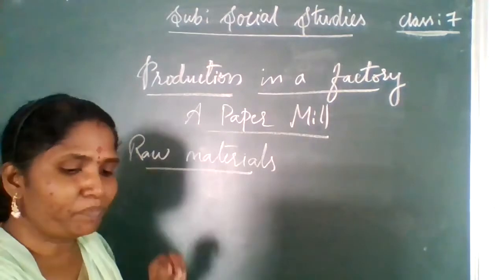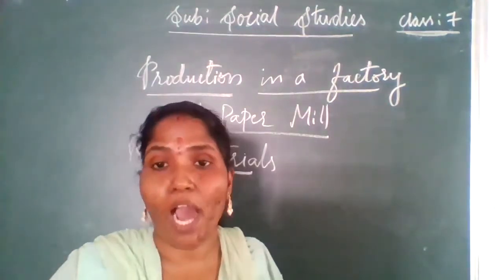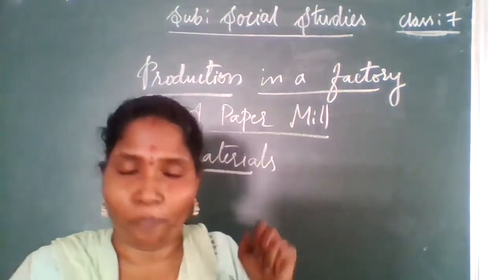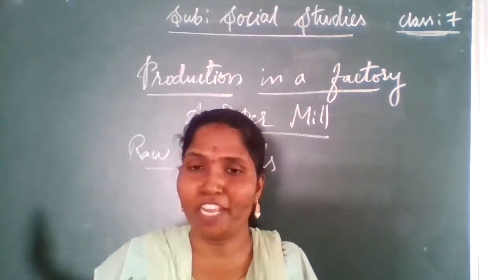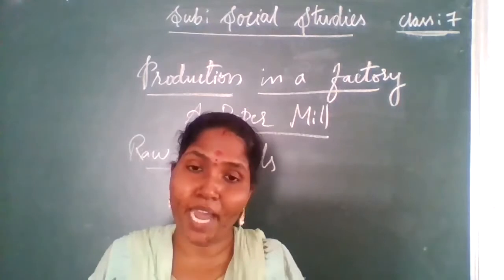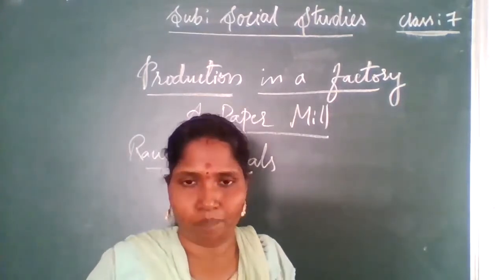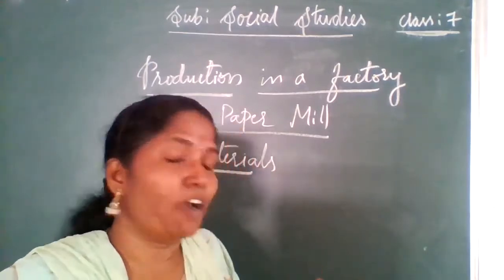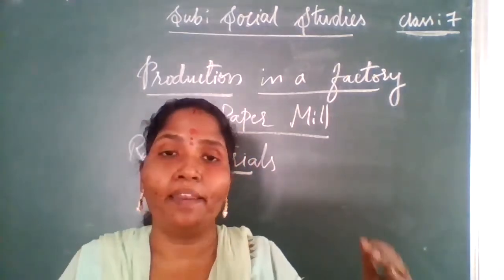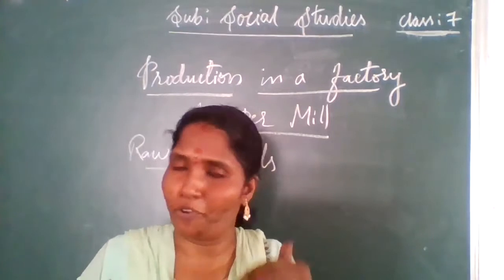And apart from these, there is something else which we call factors of production. Why do we call them factors of production, and how many are there? This we are going to see. What are the factors of production? These are the things needed in order to produce something.